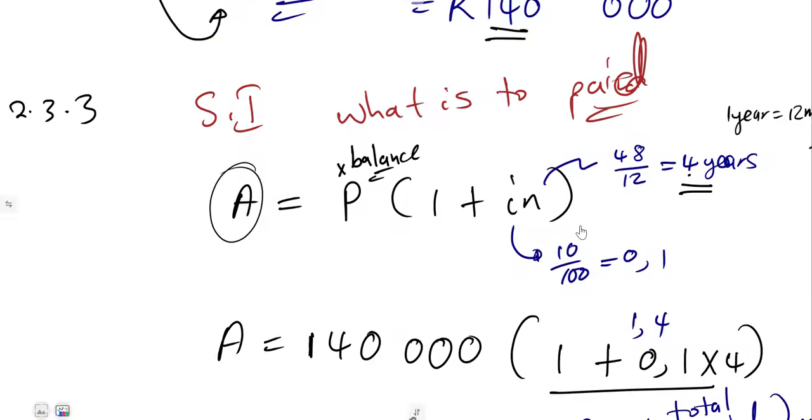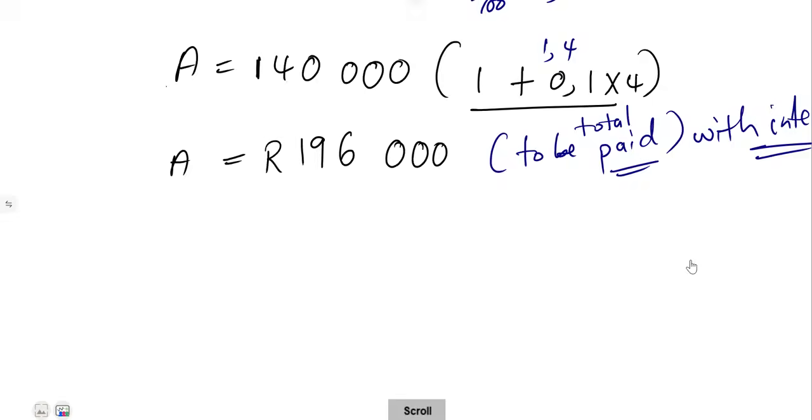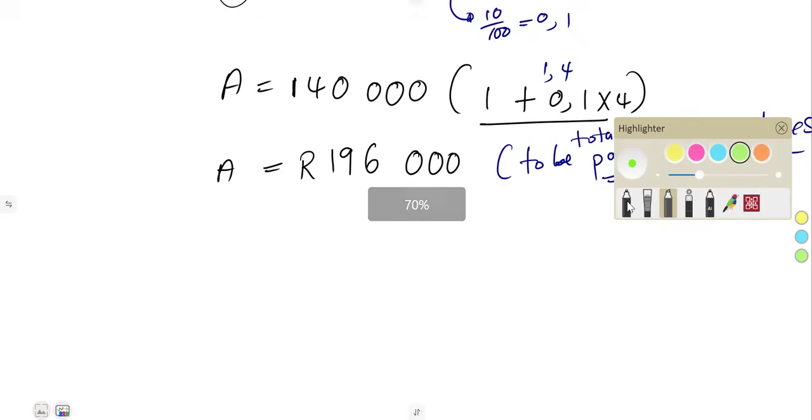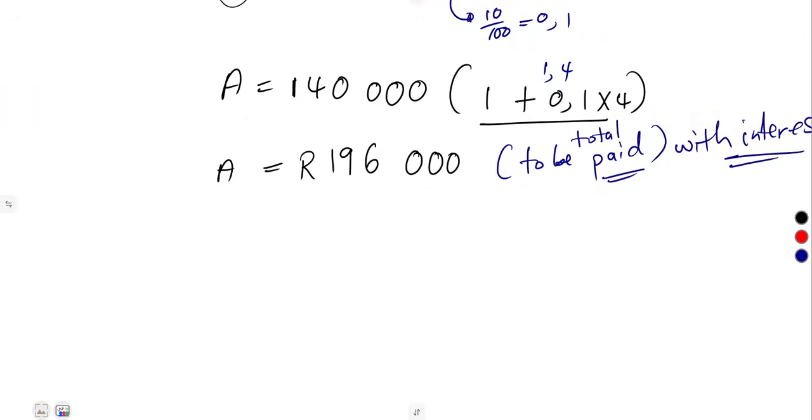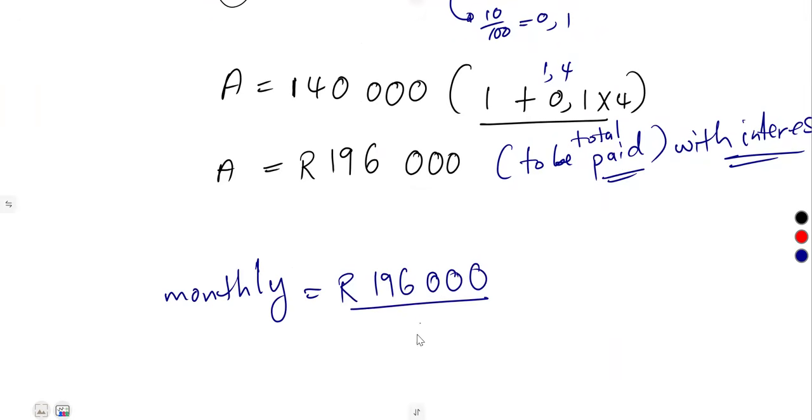So just divide by 48. What is supposed to be paid in total, this one, is the total. But what about monthly? How much are we going to pay? So that's the total of 196,000 divided by the number of months that we are given, 48 months.